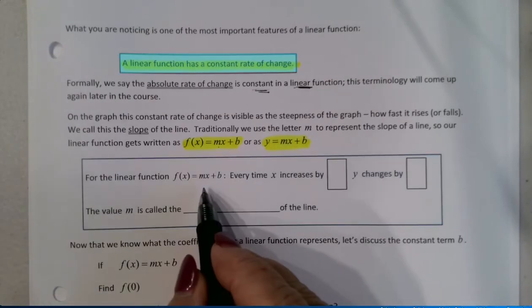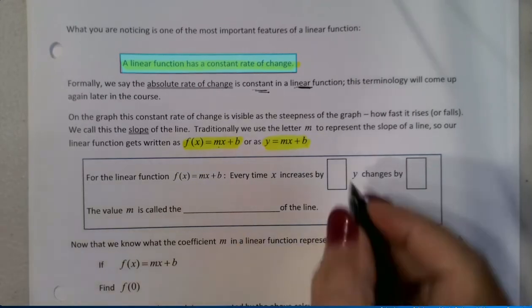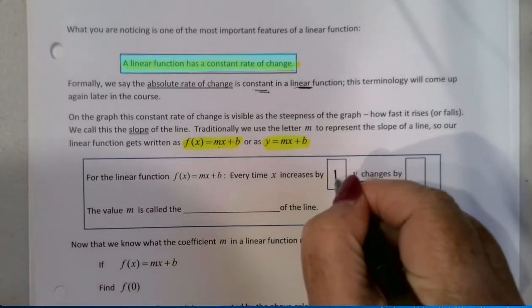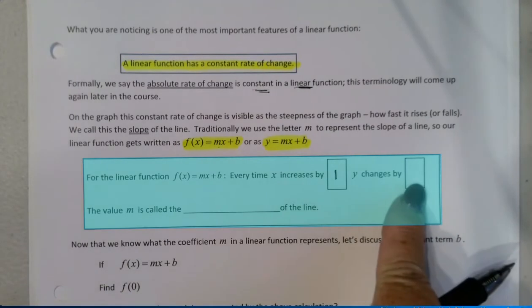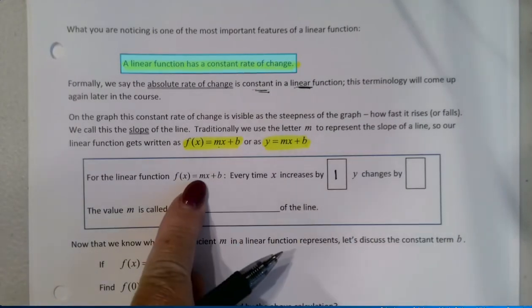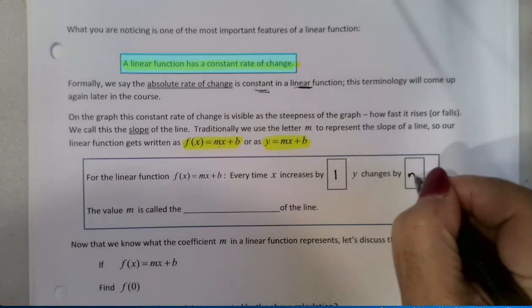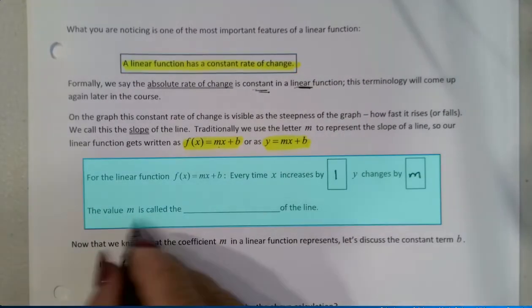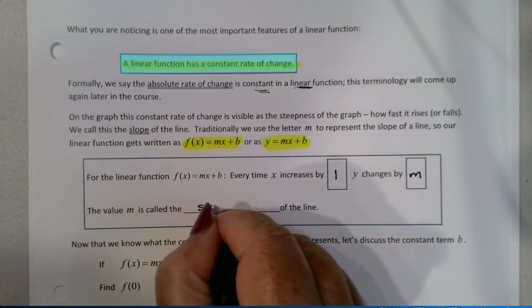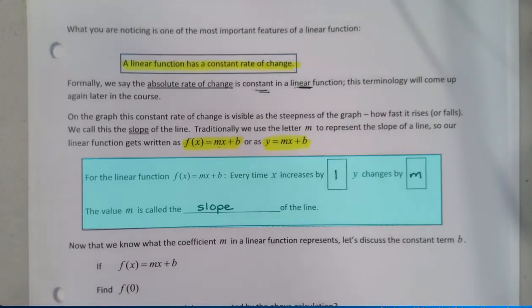So for the linear function f of x equals mx plus b, what we just saw is every time x increases by 1, y is going to change by whatever the value of that m, that slope, is. And again, m is called the slope of the line.